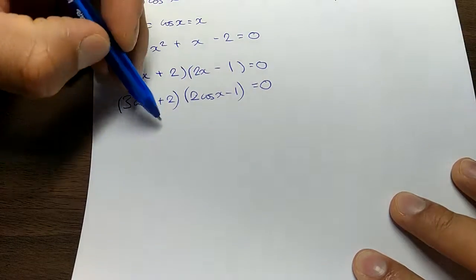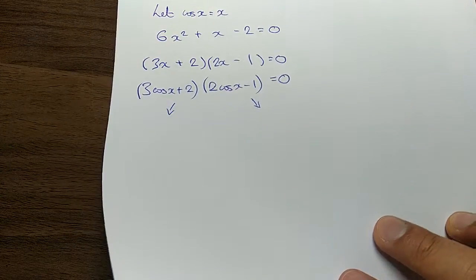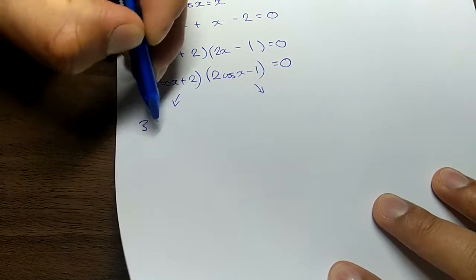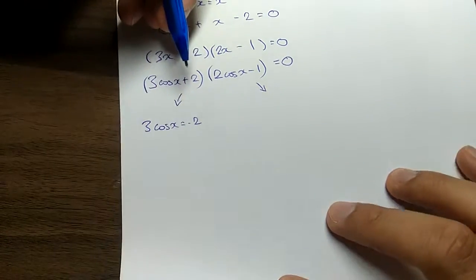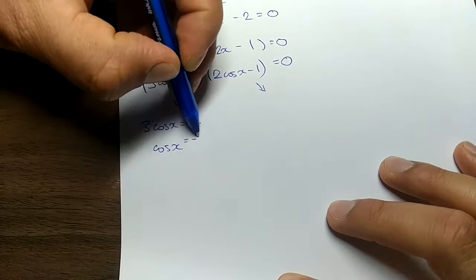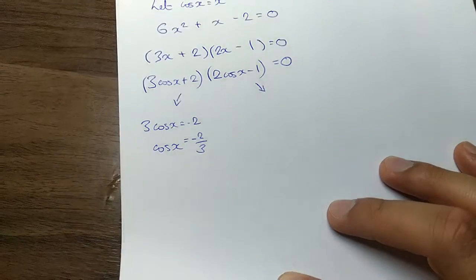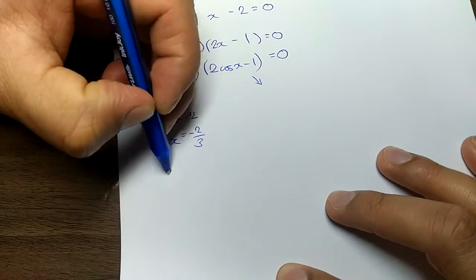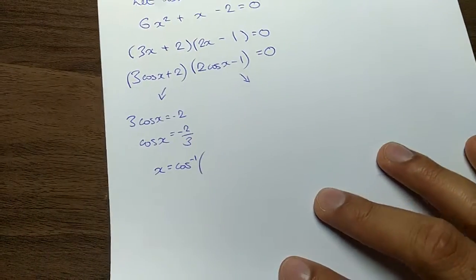Now we can solve each one individually. This is just like Nat 5 trigonometry now. There's nothing spectacular about this. So we would have 3 cos x equals -2, which means cos x is -2/3. And x is cos inverse of positive 2/3.